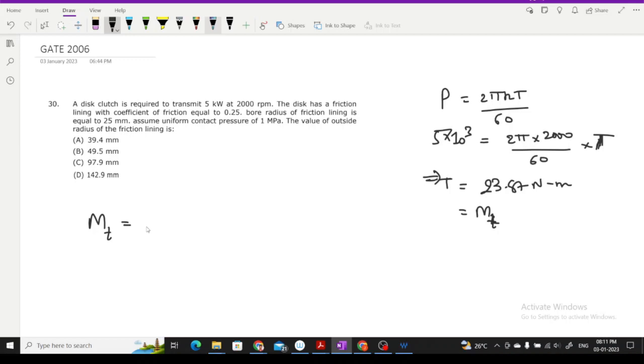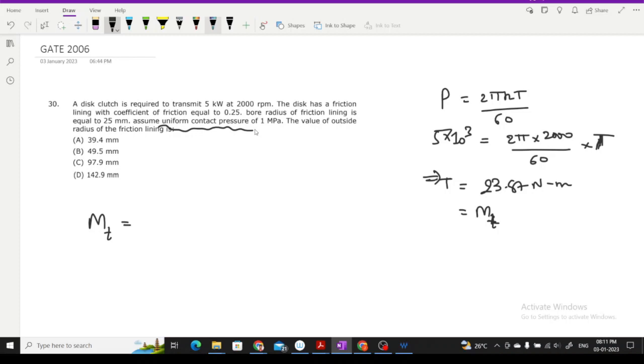So what is that equation in case of this uniform theory? Uniform contact, right? Uniform contact pressure.